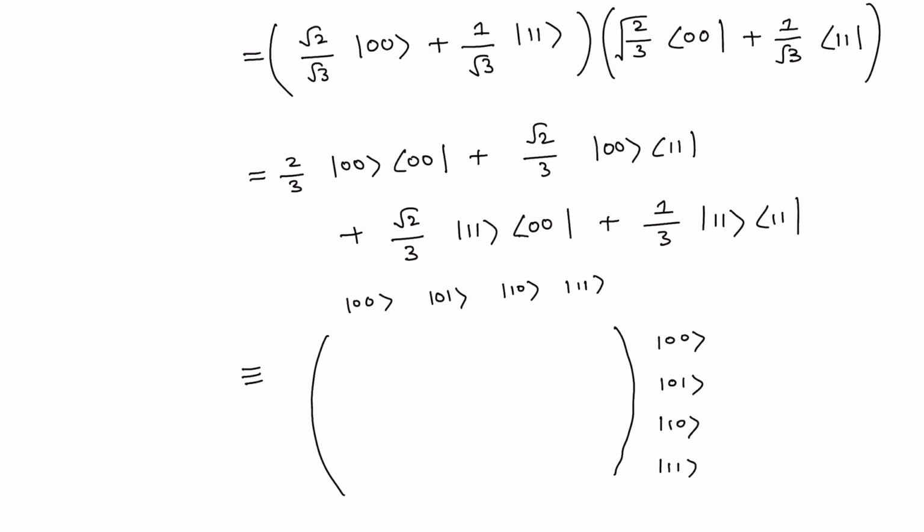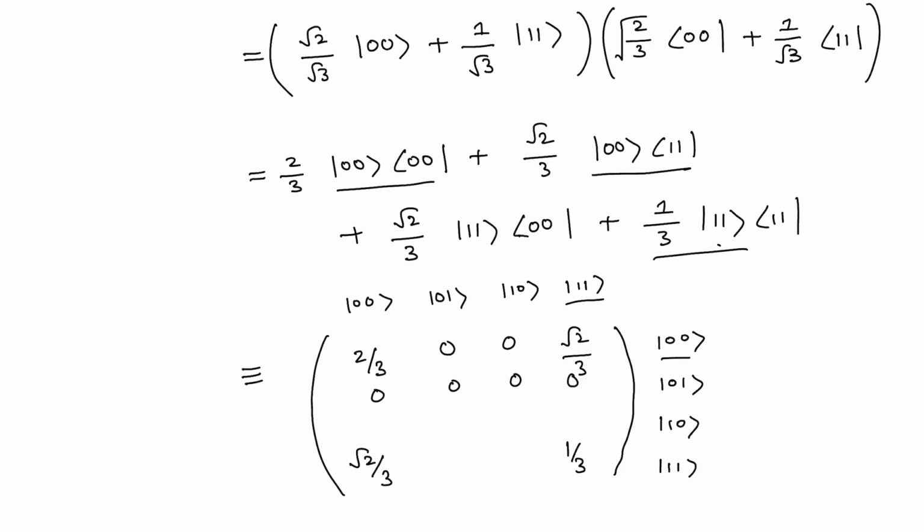Now if I note down the coefficients, for 00 00 it would be 2/3 placed here, and the 11 11 entry would be 1/3 sitting at the last position. The 00 11 and 11 00 entries would be root 2 by 3, and all the other elements are going to be simply 0.